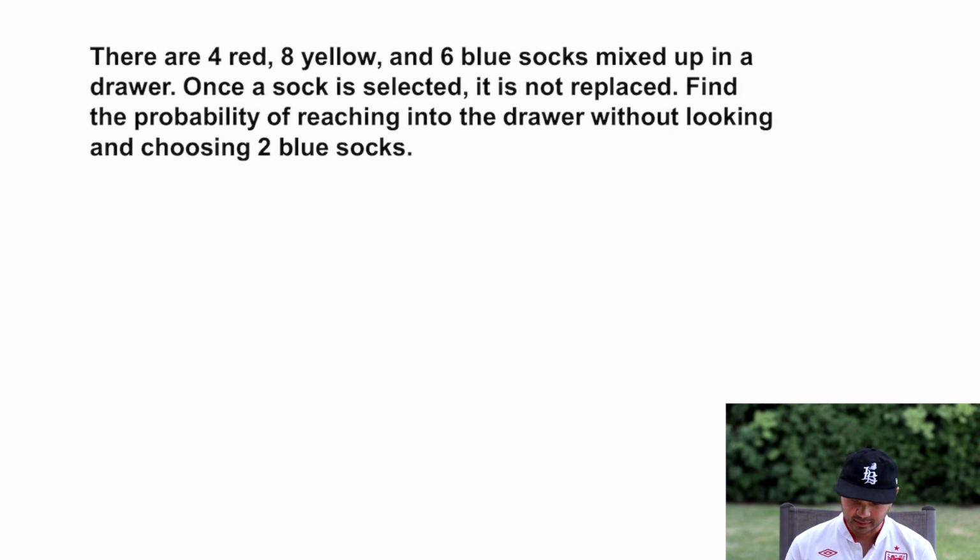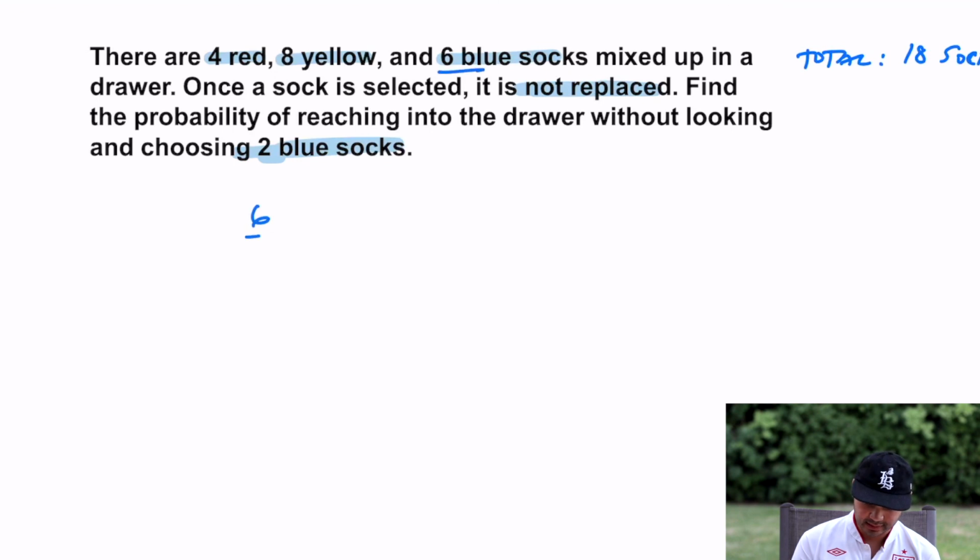Okay, and last example. There are 4 red, 8 yellow, 6 blue socks mixed up in a drawer. Once a sock is selected, it is not replaced. Find the probability of reaching into the drawer without looking and choosing 2 blue socks. Let's find the total first. That's 18 socks. Choosing 2 blue socks. So I'm going to choose a blue sock.